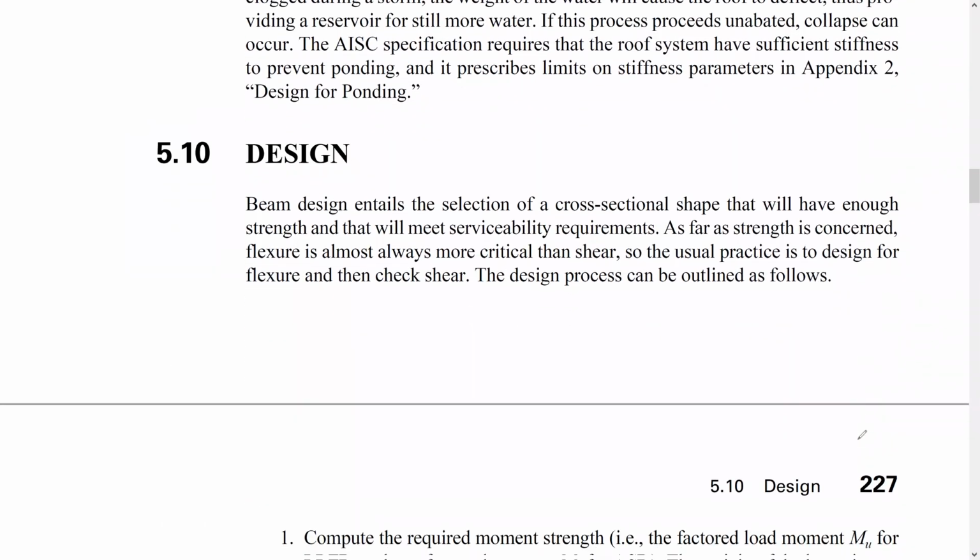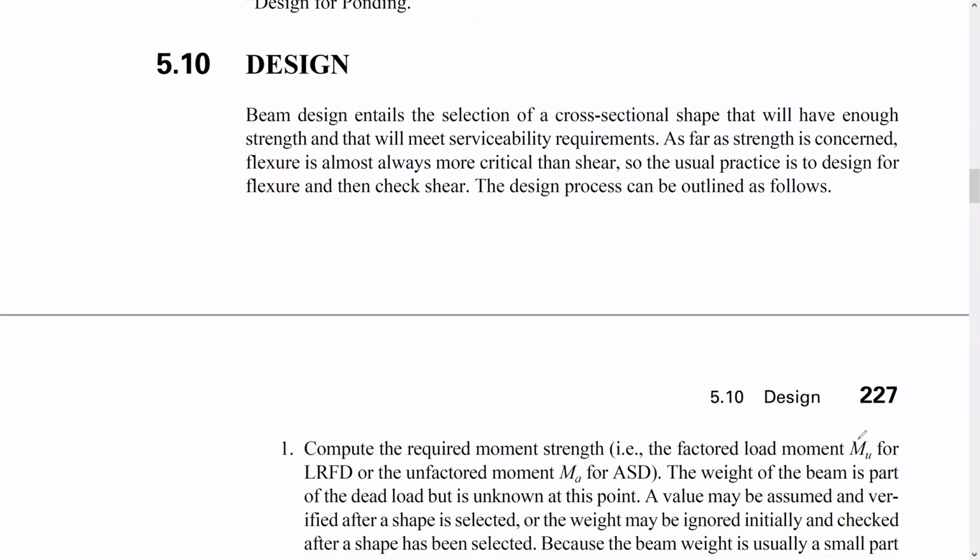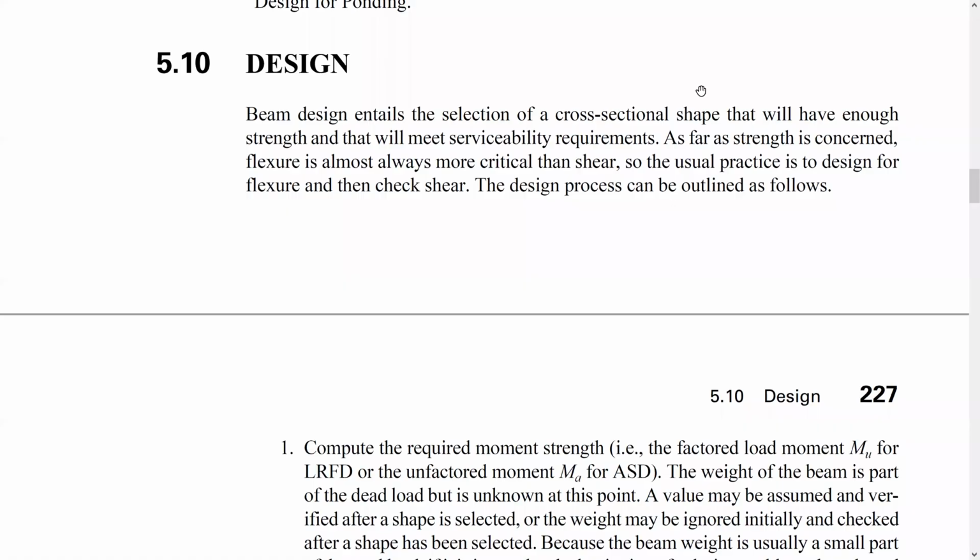So to design a flexure member, we need to select a cross-sectional shape that has enough strength and will meet the serviceability requirements. Once we have enough strength, that means we are safe in terms of strength limit state, which is flexure and shear, okay, strength or capacity.